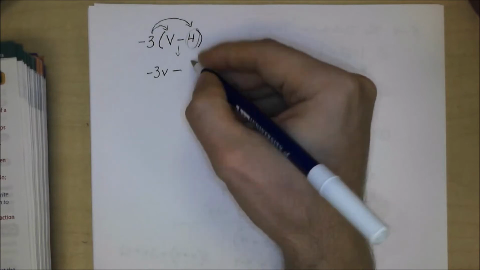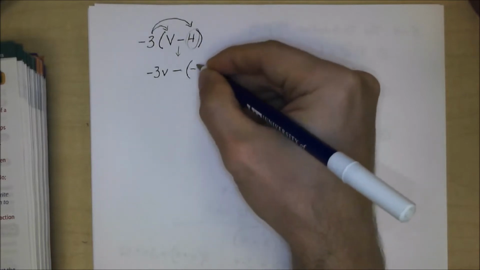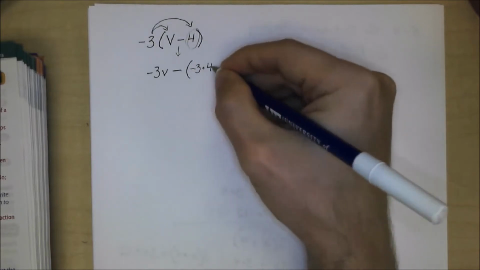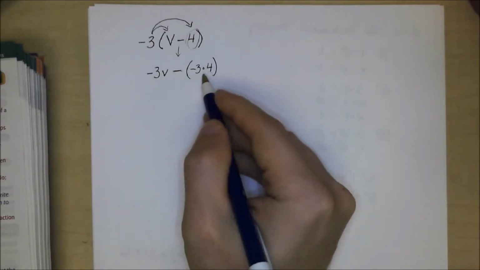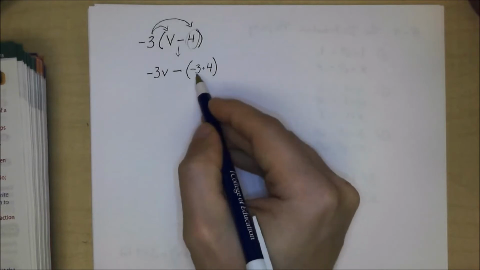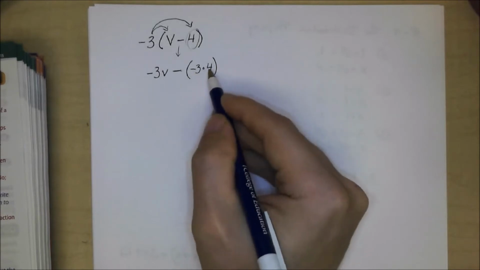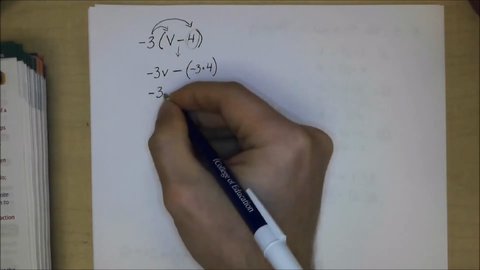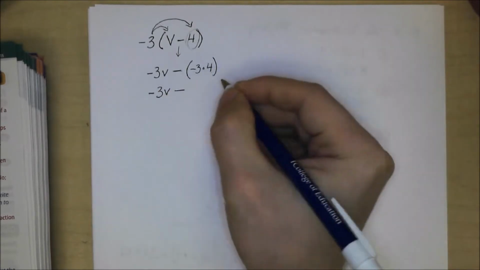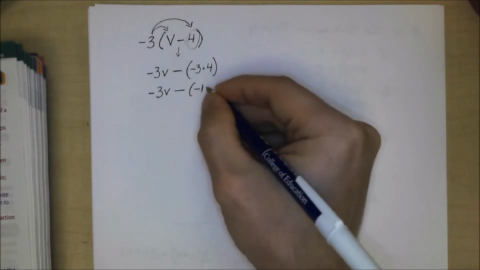And negative 3 times 4, that's going to be negative 12. If you're not sure about that, do it in your calculator. Negative 3 times 4. It's going to be negative 12. So now we have negative 3v minus negative 12.